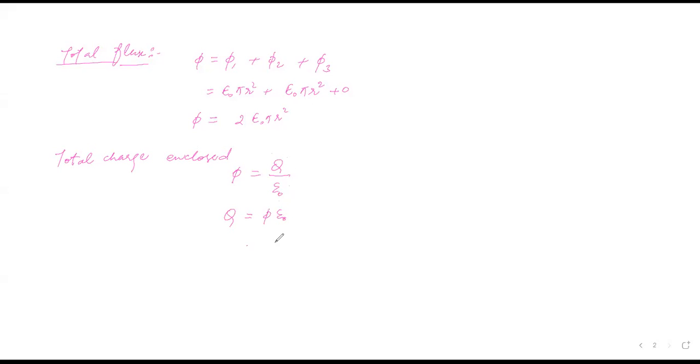And finally, with phi equal to 2 E naught pi r square, we get Q is equal to 2 epsilon naught E naught pi r square. Okay, note it down, please.